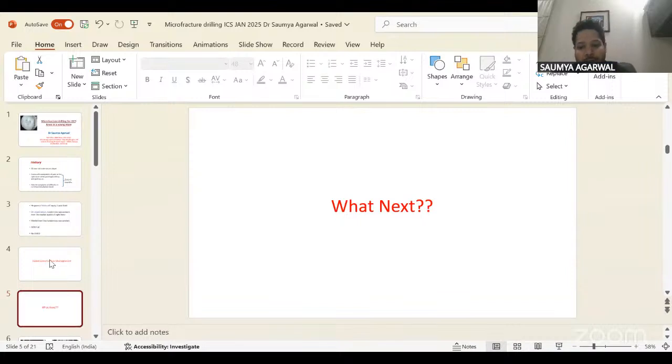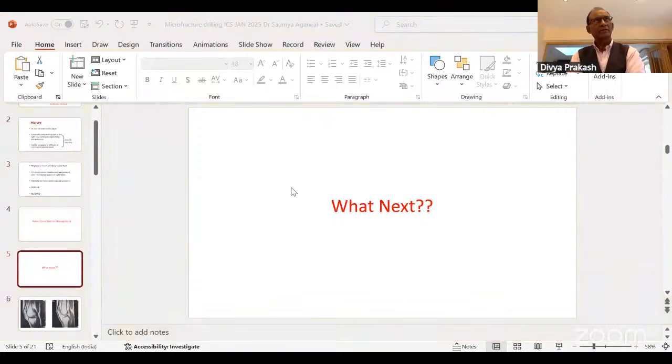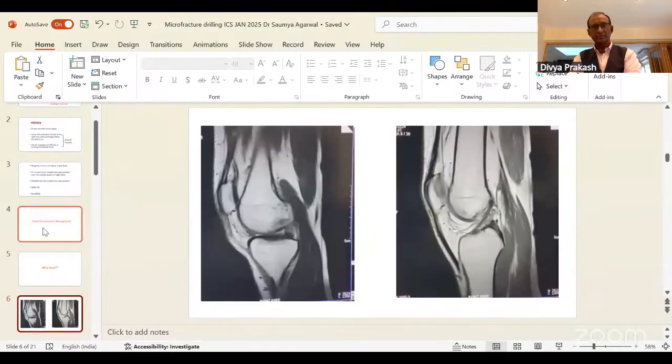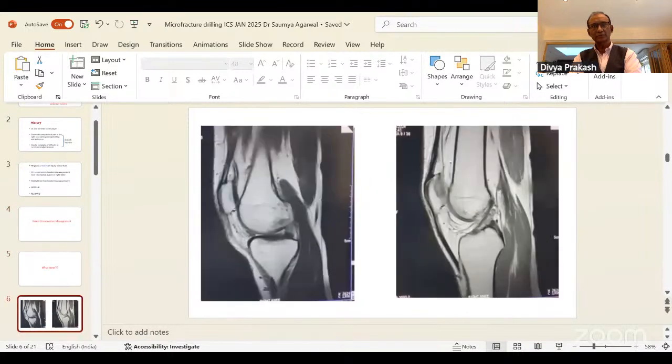Soumya, as an orthopedic surgeon, I think this was a traumatic event that the patient had. You do the basic X-rays and then the MRI scan. I don't think we've got to get too worried about different kinds of investigations in this one. That's how I look at it. Okay, sir.